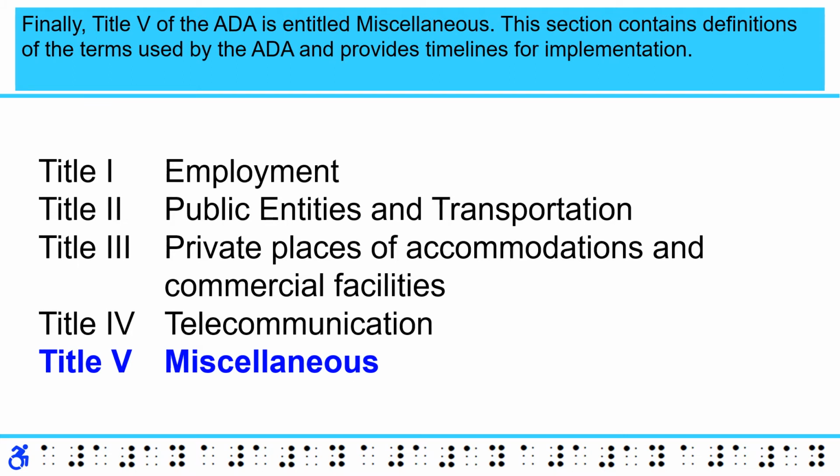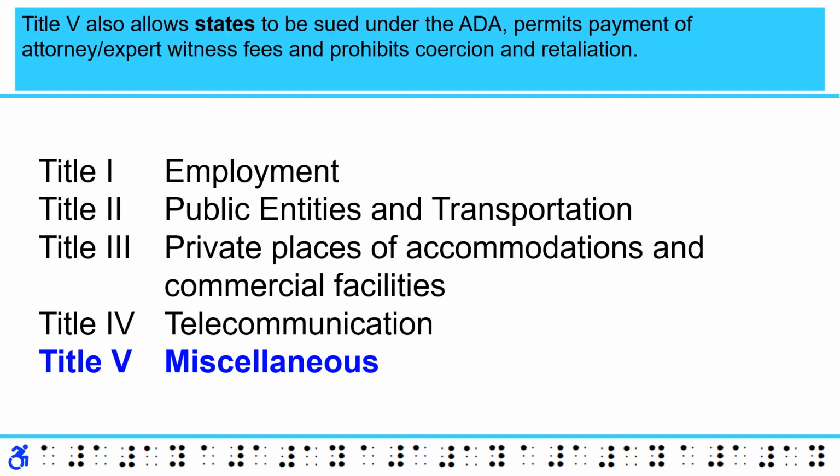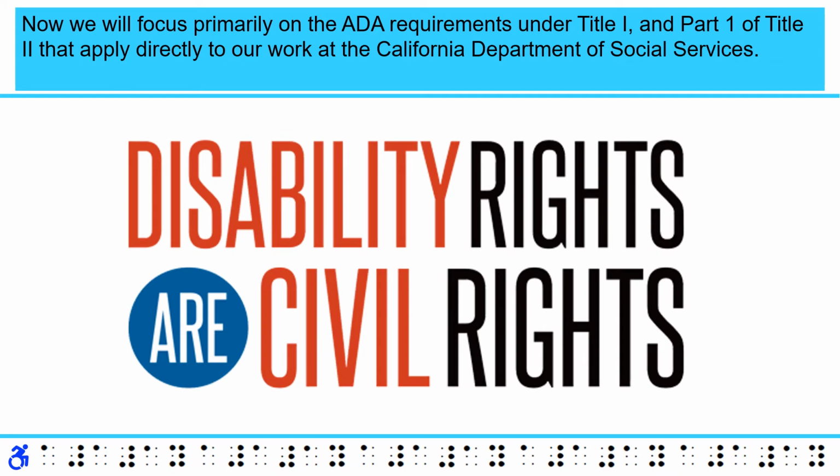This section contains definitions of the terms used by the ADA and provides timelines for implementation. Title V also allows states to be sued under the ADA, permits payment of attorney and expert witness fees, and prohibits coercion and retaliation.